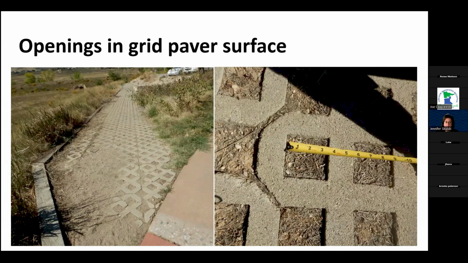But yet again, the opening on the surface can't be greater than a half of an inch. So the surface really needs to be maintained and infilled with that dust or whatever the planned infill surface might be. It needs to be maintained. Otherwise, that opening is going to create a non-compliant surface.